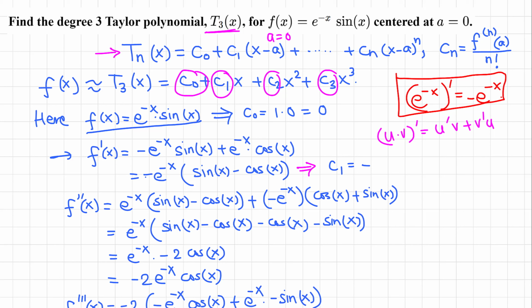Now plug in 0: minus e to the negative 0, e to the 0 is 1, sine 0 is 0 minus cosine 0 is 1, divided by 1 factorial, which is 1, so I didn't have to write it. This is negative 1 times negative 1, positive 1 over 1, just 1.